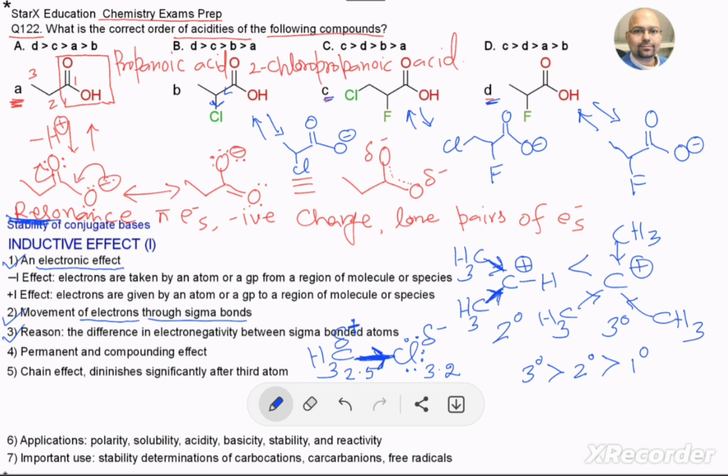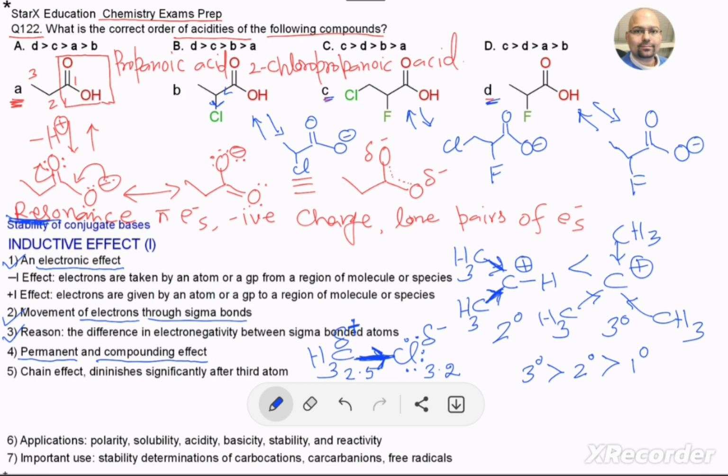So this effect is a permanent effect because the electronegativities do not change. Therefore, this is a permanent effect. This effect is a compounding effect, which means that if you have one electron withdrawing group versus 2 electron withdrawing groups, the stability of anion would be greater when you have 2 electron withdrawing groups.